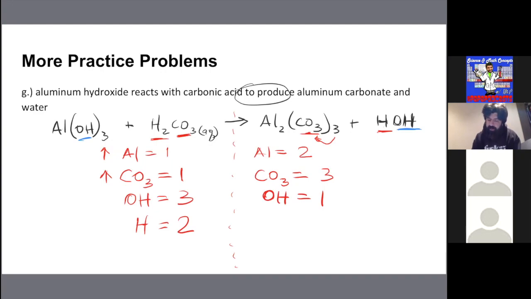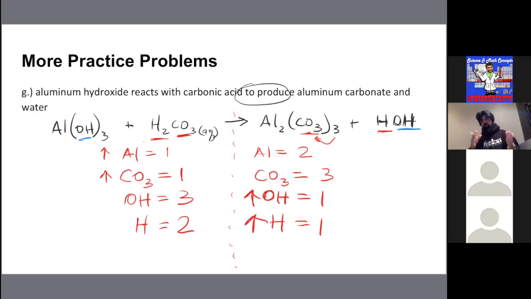On the other side, we have 1 hydrogen. The order that I list them here doesn't matter as long as I list them on both sides in that same order. Anyhow, let's see where the counts are. So we need to increase this and we need to increase that.